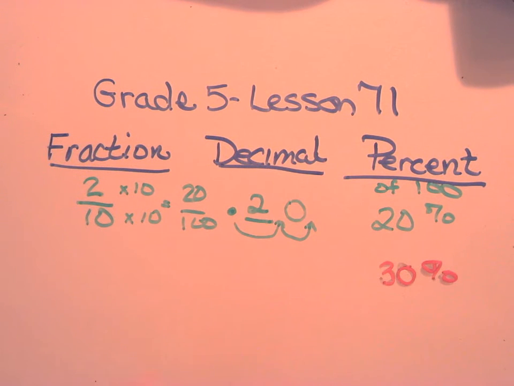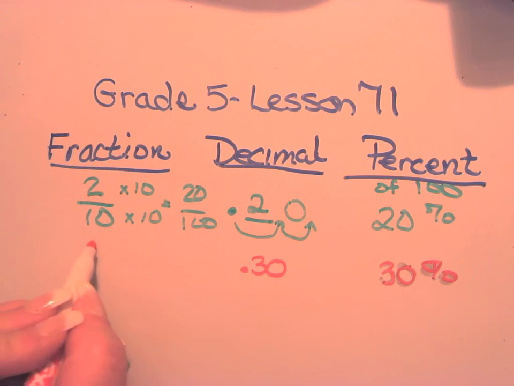So if we have 30%, we can make that into the decimal by taking that decimal and moving it 2 to the left. So if I write that 30 down, move it 2 to the left, now I have 0.30, or 30/100ths. When I make that fraction, remember this is out of 100.